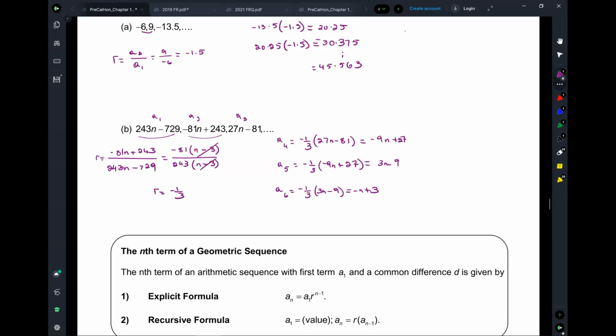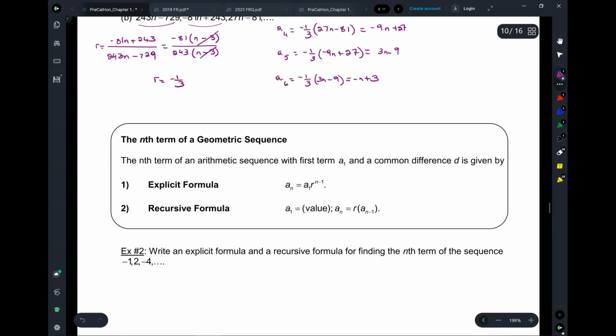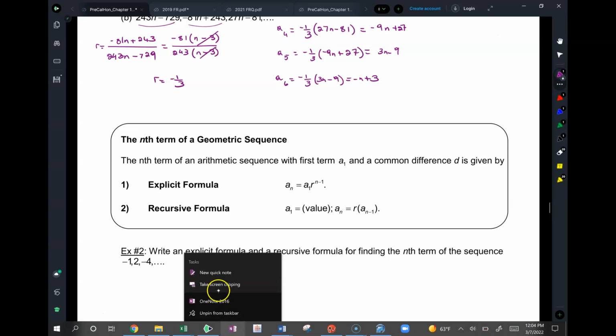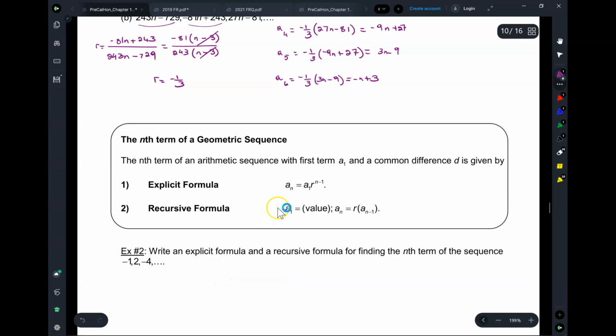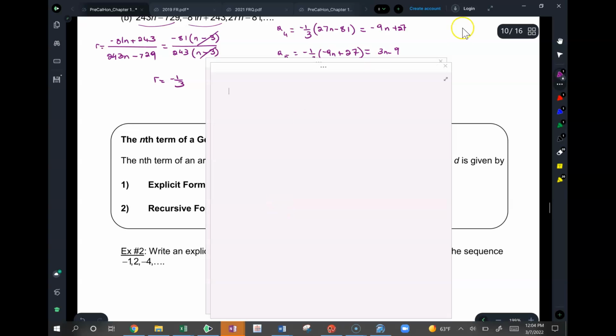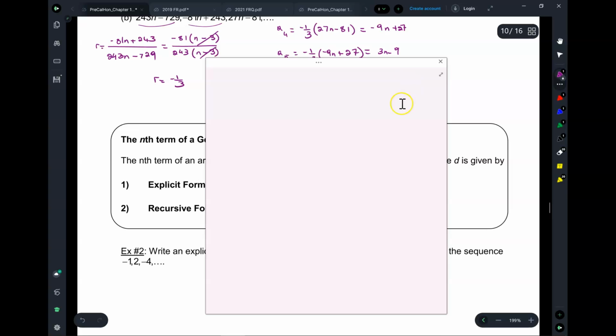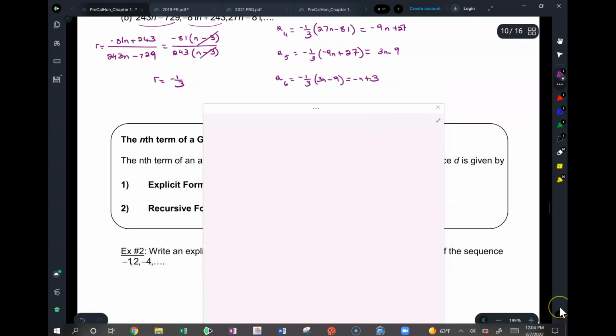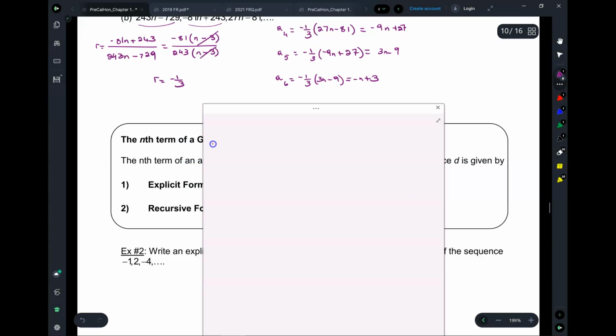Okay, so let's come up with a formula. Suppose we have a sequence, and I want to make R equal to 2.